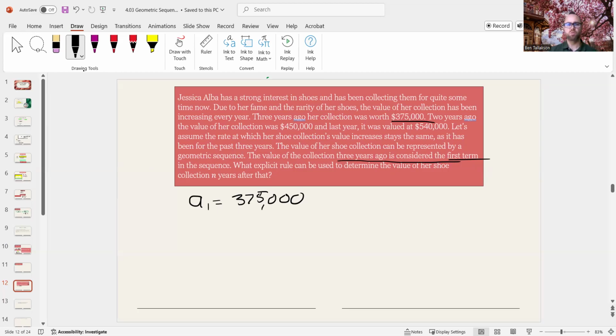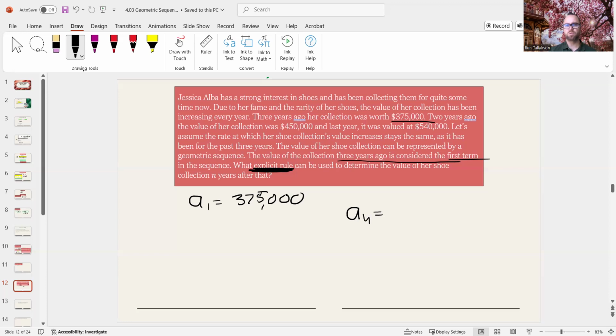Okay, and they want to know what explicit rule can be used to determine the value of our shoe collection n years after that. So they're asking us ultimately to write the explicit rule. That's the big question.